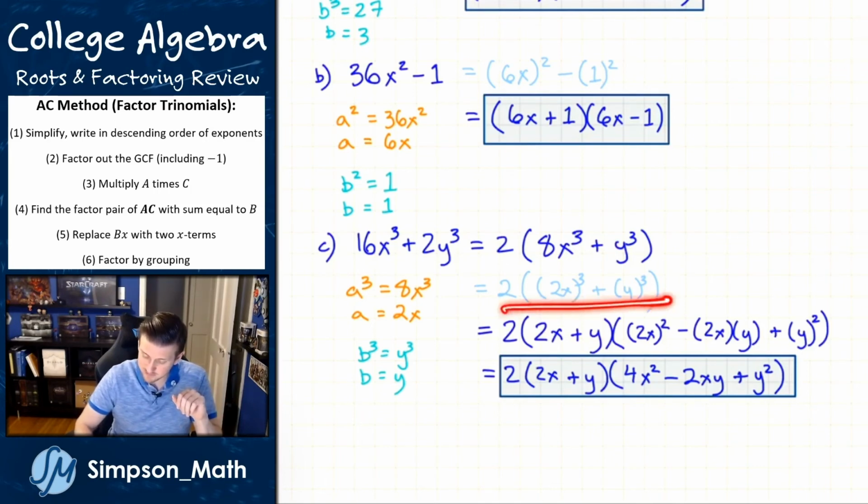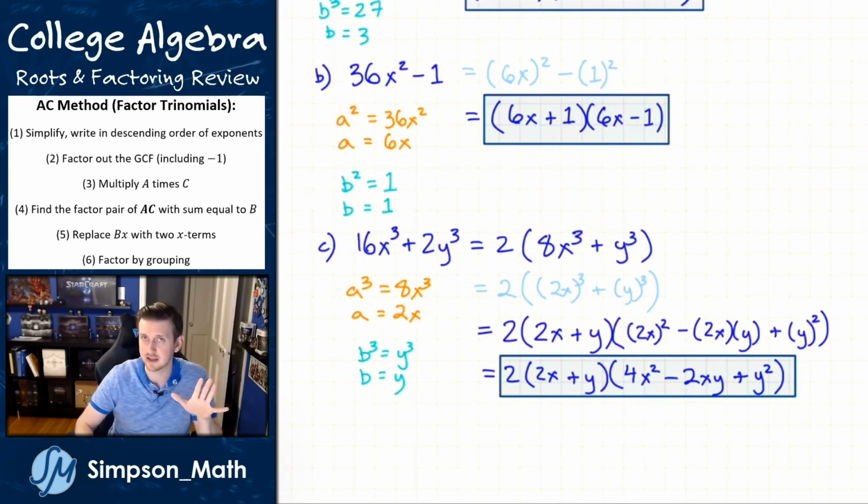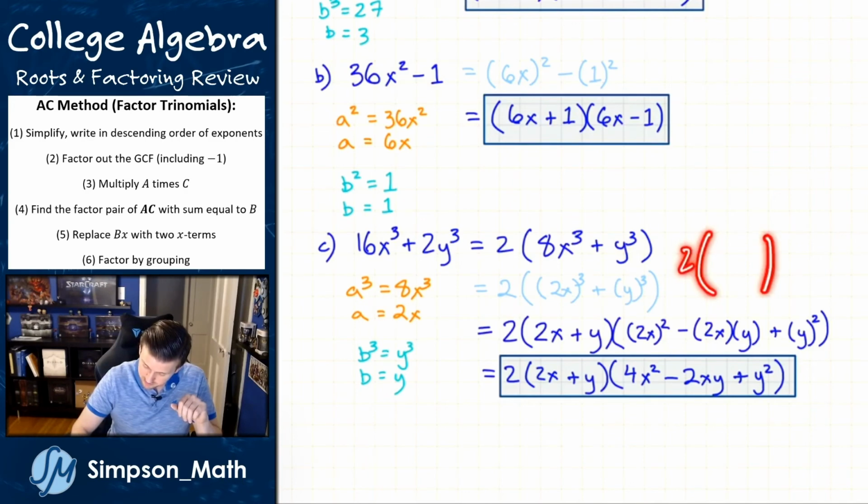This is not a required step, but this helps some people sometimes. If you don't like just square rooting and cube rooting, sometimes leaving a little fill in the blank helps. So what was it before I filled it in? I had 2 times, oops, let me write that again, 2 times what cubed plus what cubed.